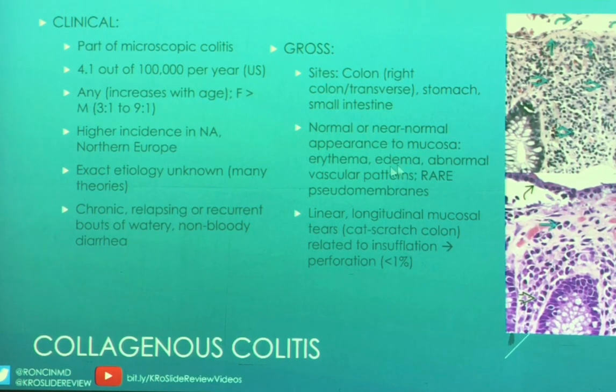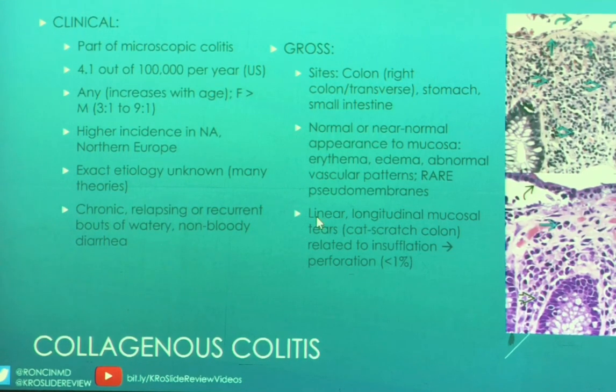There may be some abnormal vascular patterns. Very rarely, you'll see pseudomembranes. So remember, collagenous colitis with pseudomembranes was in our differential for pseudomembranous colitis when we were looking at things like C. diff. So I think that's a very important thing to know as well.